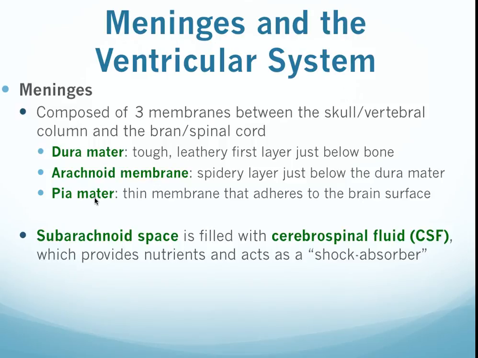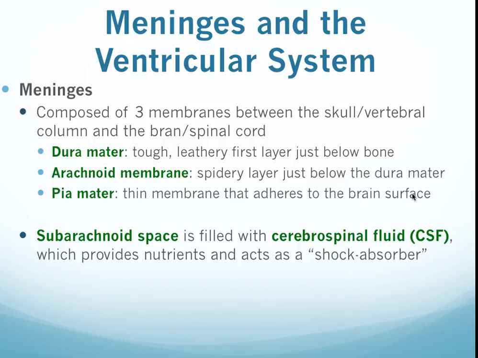We then have an arachnoid membrane underneath the dura, and then we have the pia mater underneath that. And that is the thinnest membrane, and that's actually attached to the brain surface. The subarachnoid space is a region that's actually filled with what we call cerebrospinal fluid, or CSF.